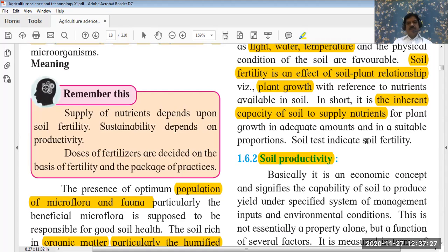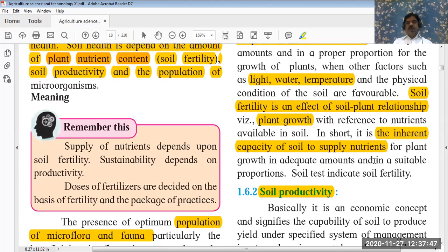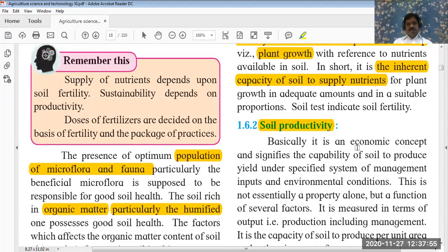We may add fertilizers and compost, which will increase fertility of soil, but up to a certain extent. Suppose there is zero fertility in soil, then there will be no use of composting or fertilizer application. So remember that soil fertility is the inherent capacity of soil to supply nutrients, or the capacity of soil to provide essential nutrients.